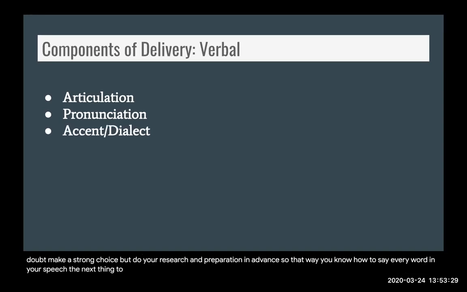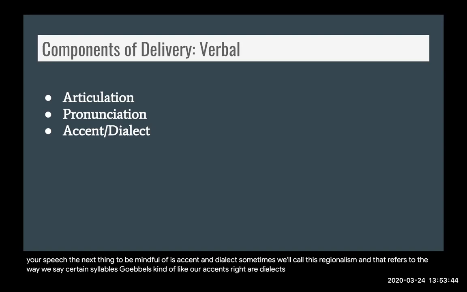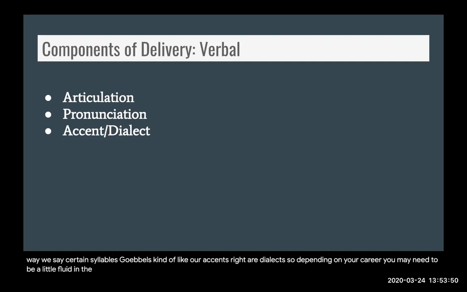The next thing to be mindful of is accent and dialect. Sometimes we'll call this regionalism, and that refers to the way we say certain syllables, kind of like our accents, right? Our dialects. So depending on your career, you may need to be a little fluid in the different accents and dialects that you speak.